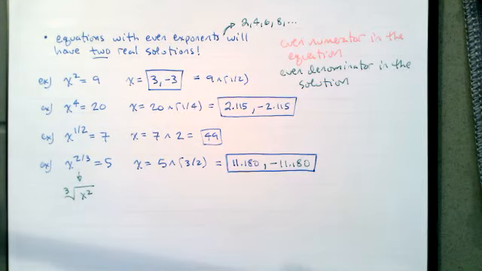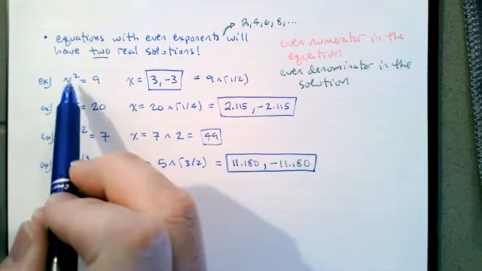That's a little convoluted rule that comes from the basic idea that equations with even exponents will have two real solutions. We have to refine that to mean an even numerator in the equation, and ultimately what it comes down to is that when we're solving, we have an even denominator, so an even denominator in the solution.